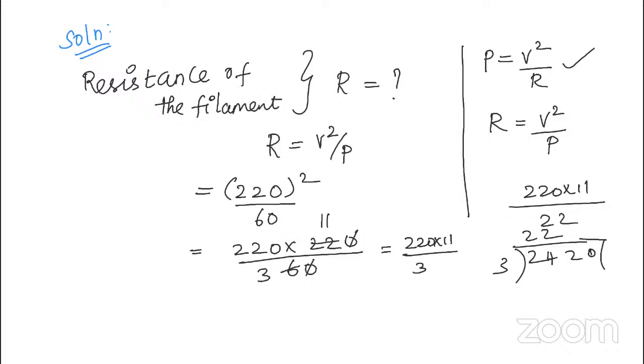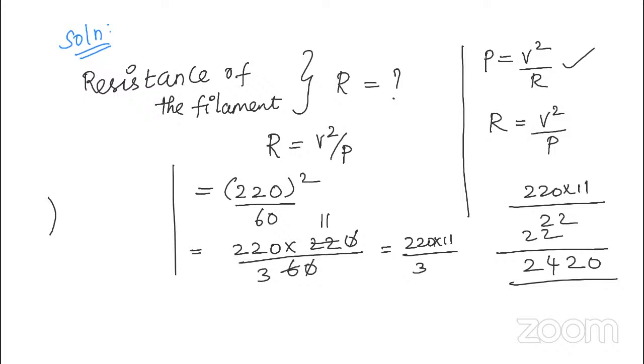So just divide by 3. Here there is no space. 2, 4, 2, 0. So now it is 2420 divided by 3.